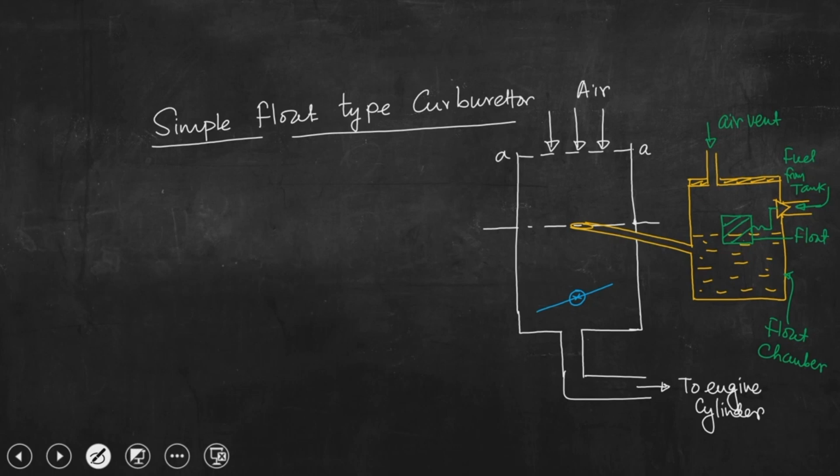Now, let us briefly discuss. The idea is air will come through this manifold, of course, an air cleaner should be there. So, clean air is taken. Now, we need to have some arrangement so that air will flow through this flow path, and while air is flowing, you can understand this is open to atmosphere, this is also an air vent.